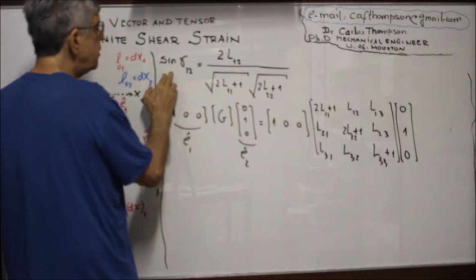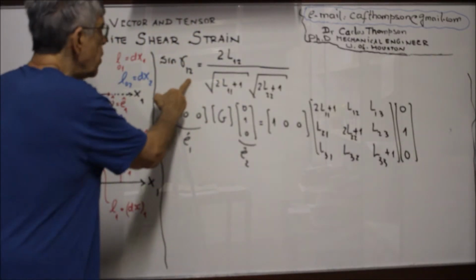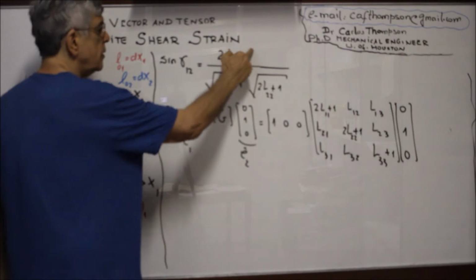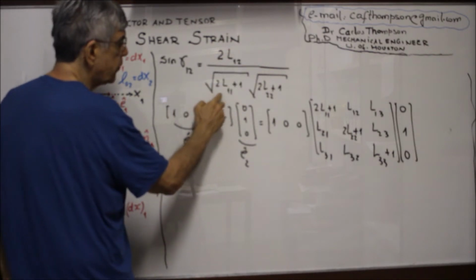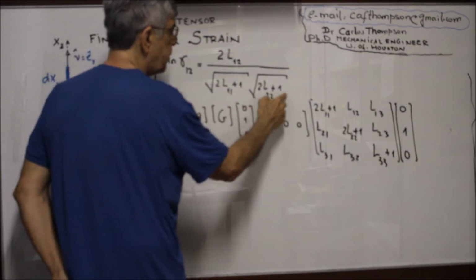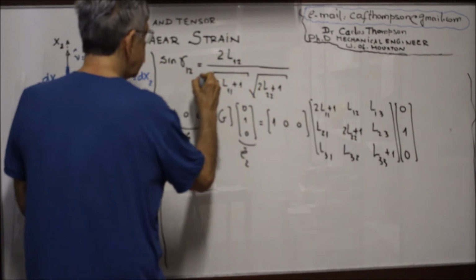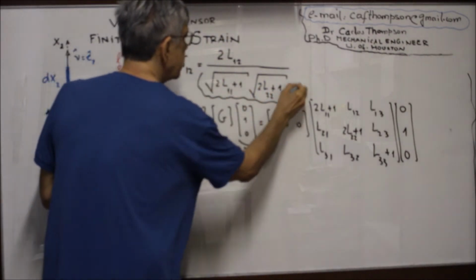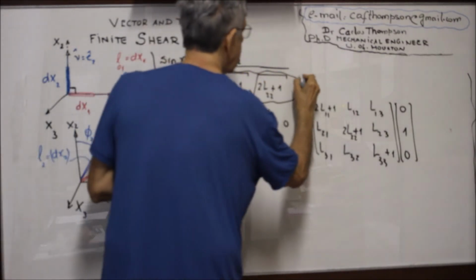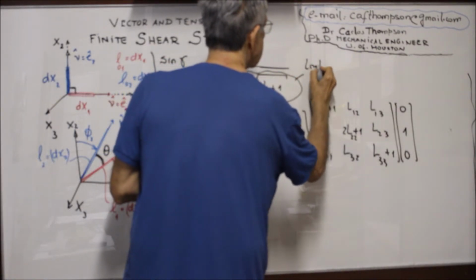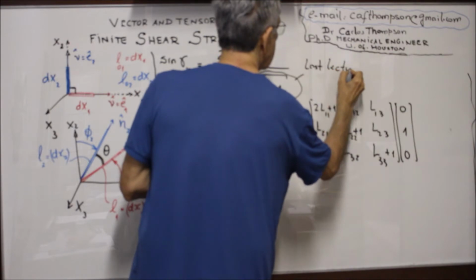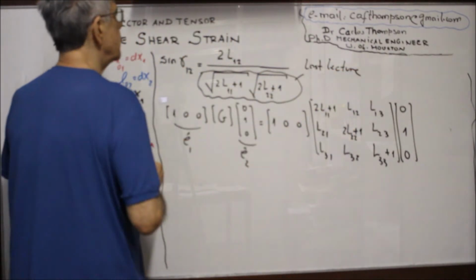And so sine of the shear strain gamma 12 is 2L12 divided by the square root of 2L11 plus 1 times the square root of 2L22 plus 1. And don't forget this denominator here, we developed this in the last lecture.